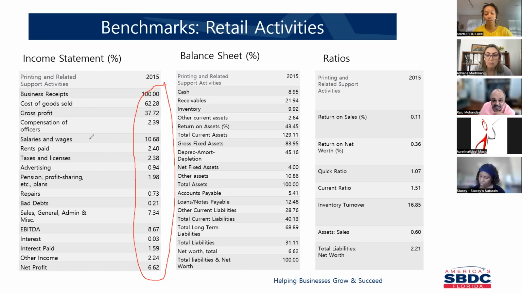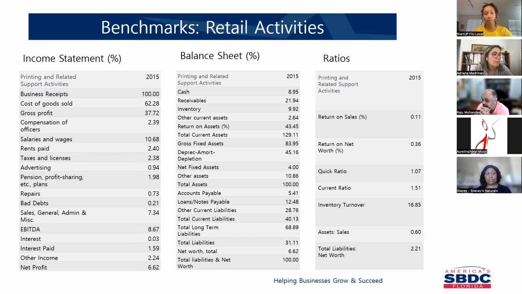All of this, the salaries 10.68, rent 2.4, taxes, all of that, is a percentage. It doesn't mean that it's your business, it could be a different type of business, but it gives you a percentage. That's why everything we analyze is based on percentage, not the specific numbers, okay?